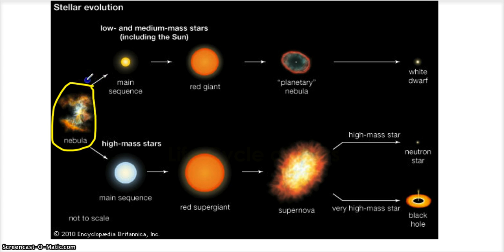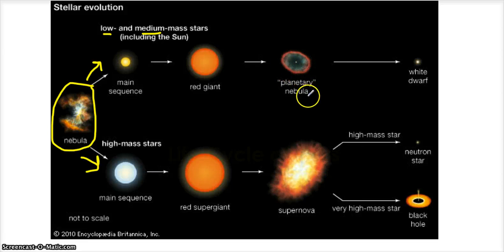And you can go one of two ways, and it depends on the mass, like we've already talked about. The low to medium mass stars take this top route, burn main sequence, so it's more of a yellow-orangey star. When it's starting to die, it turns to a red giant, and eventually sheds its outer layers, which is the planetary nebula. That's just the outer layers being released, the gas and dust, off into space.